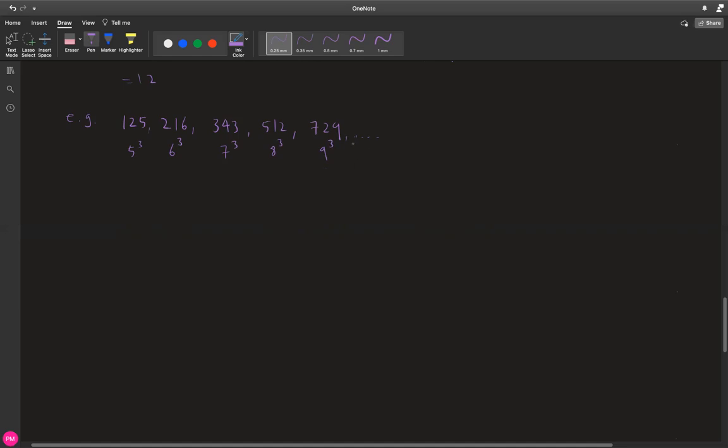Then what would be the next term? Logically, you can see the pattern here. It goes from 5 to the power of 3, 6 to the power of 3, 7 to the power of 3, and so on. Then the next term would logically be 10 to the power of 3. So what's 10 to the power of 3? It's simply 1,000.